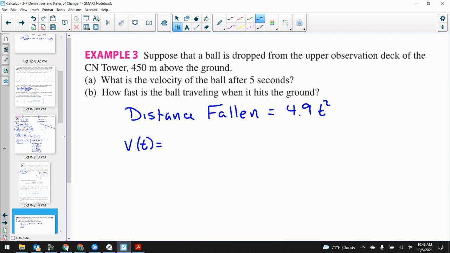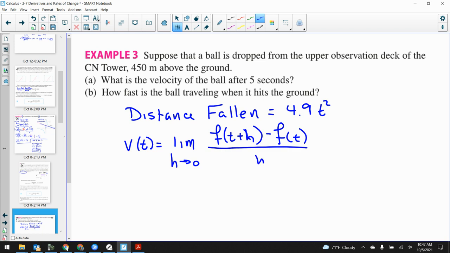Then v of t, the velocity, is going to be equal to the limit as h goes to 0 of f of t plus h minus f of t all over h.